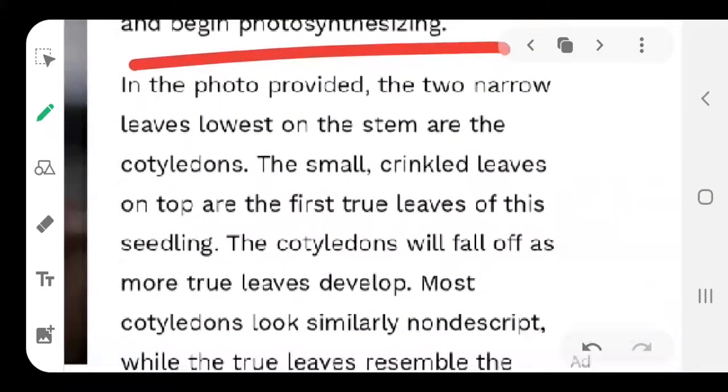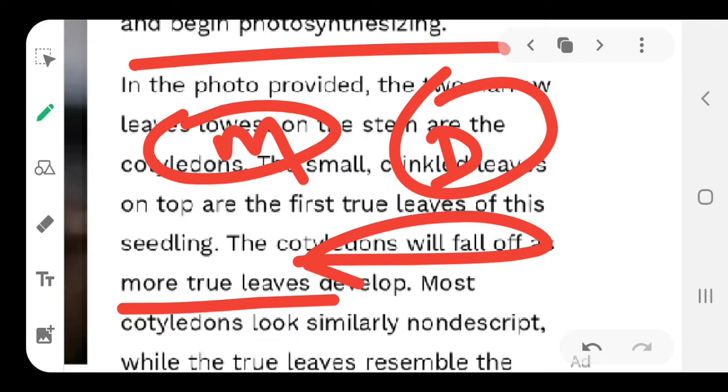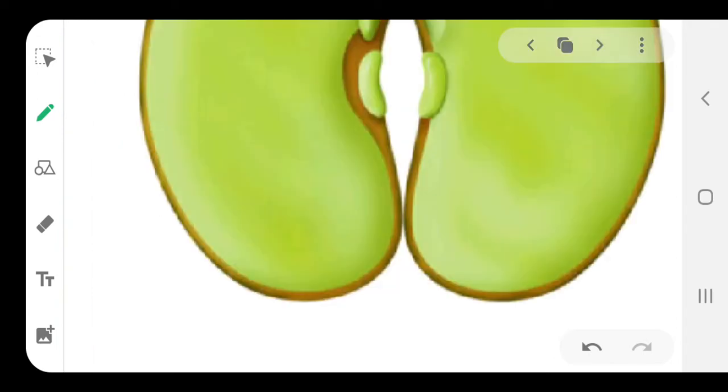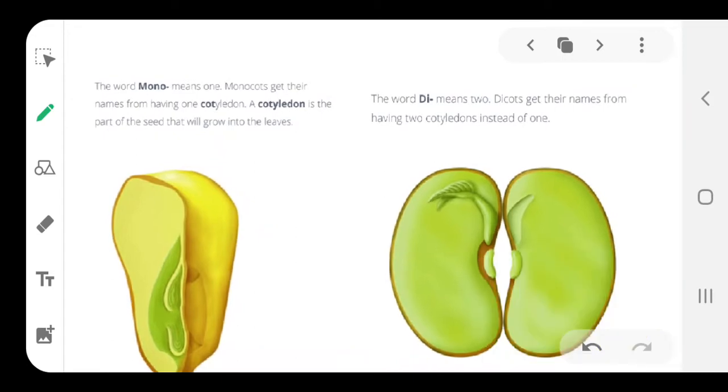And these things should be known to you, because these cotyledons, as we will discuss, develop into two groups, monocots and dicots. And when the mature leaves grow, these cotyledons basically fall off, okay. Now these are some points of reference that you should know.